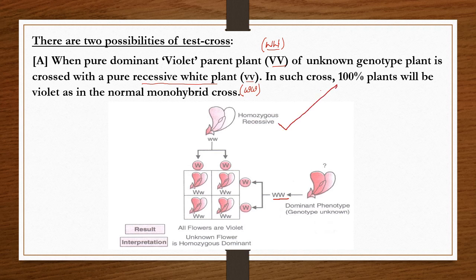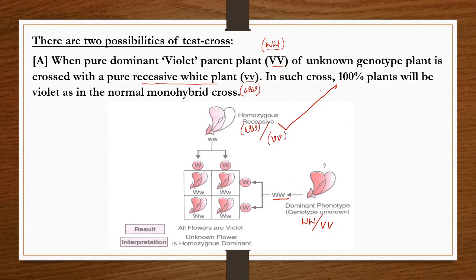So the recessive is small w and small w, and the unknown genotype we mention with capital W, capital W, or you may also take capital V, capital V. Here also small w, or you may use small v.